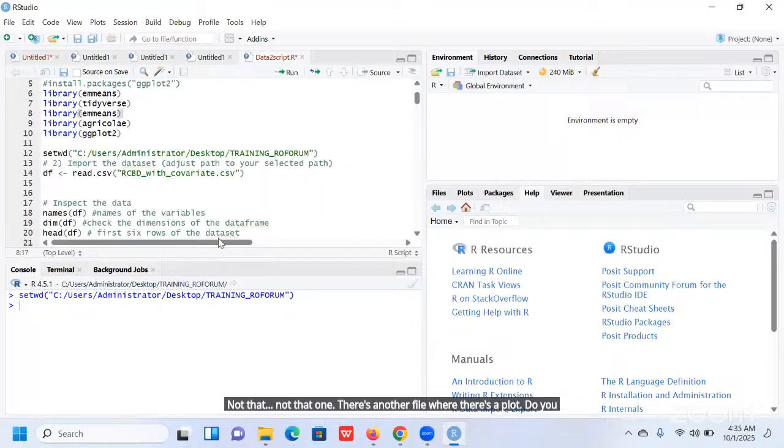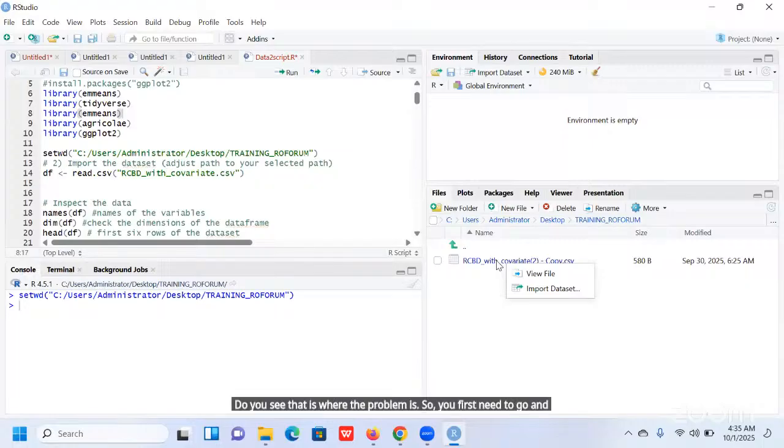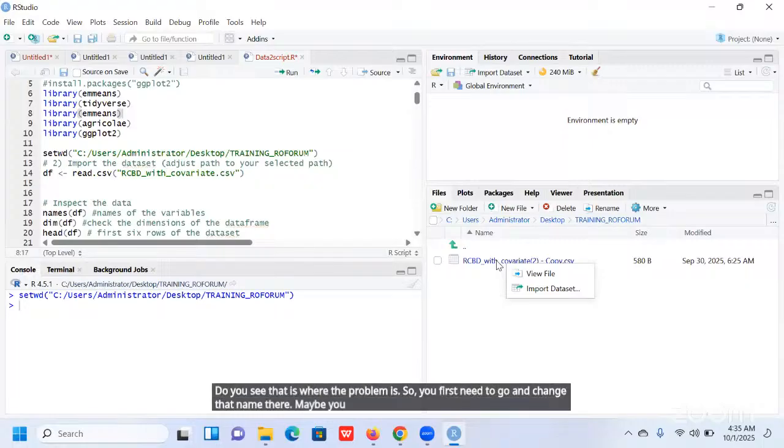Do you see where you get the plot, under the environment, below the environment? Oh, I see. Do you see a plot there? Can you click on that? But now you see the name of your file has a 2 in brackets. Yes, I see. Do you see that is where the problem is? So you first need to go and change that name there. Maybe you put a 2 in brackets to that. You're trying to call a file that is not there. So you try to modify the name of the file.